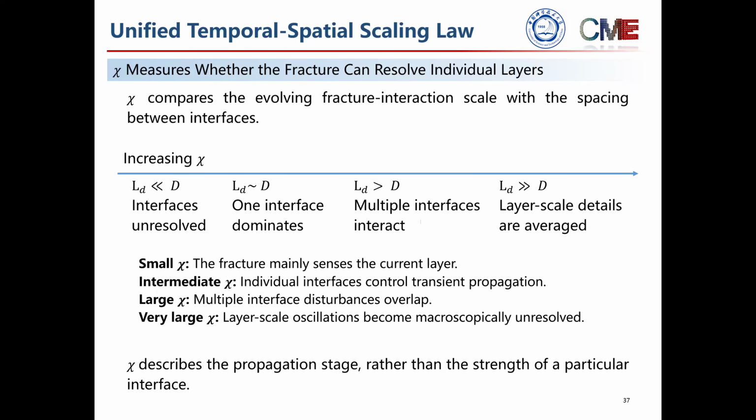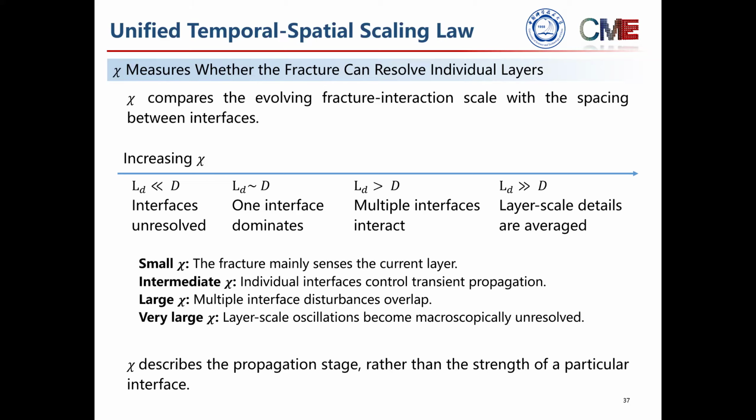The physical interpretation of K is perhaps even more important than the formula. When K is small, the evolving fracture influence length is much smaller than layer spacing. The fracture mainly senses its current local environment and interfaces are effectively unresolved. At intermediate K, a single interface can dominate the transient response.